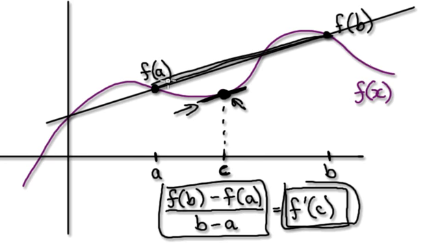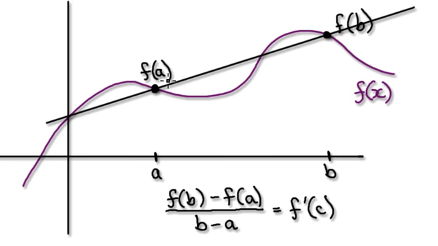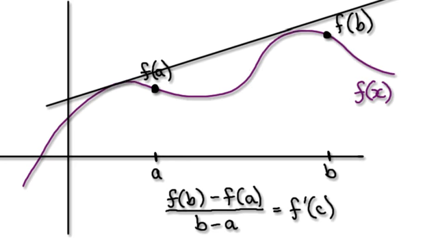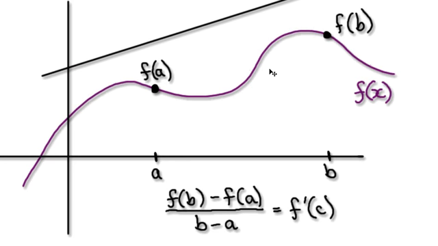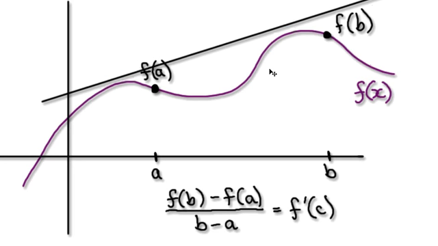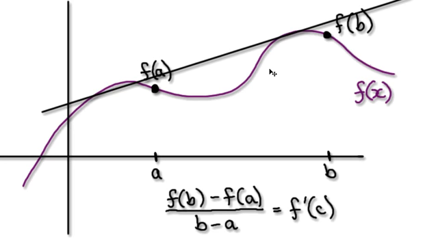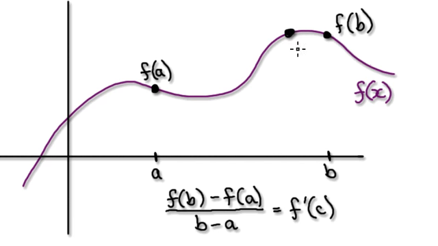But the thing is that there could be more than one. If you go all the way to the top, let me move it all the way to the top and then slowly move it down. You see, there exists another point here. Right at this point here, this is a different C. We can call it C2 if we want.